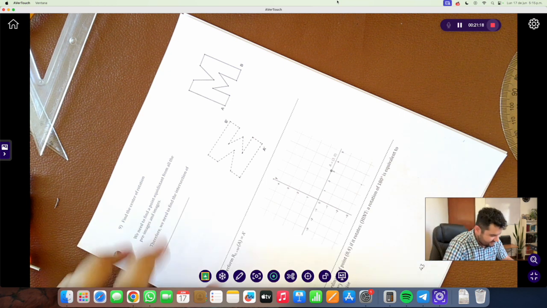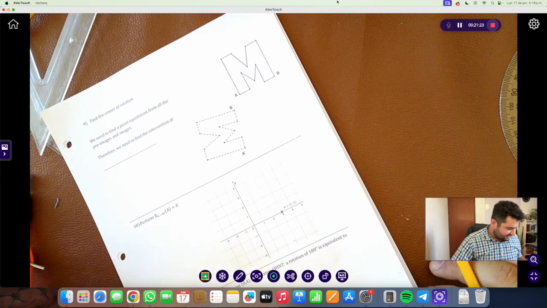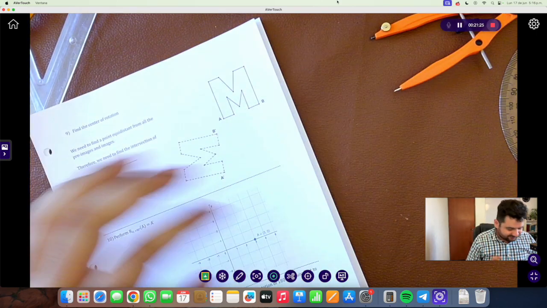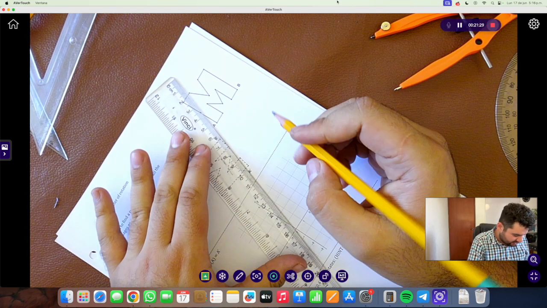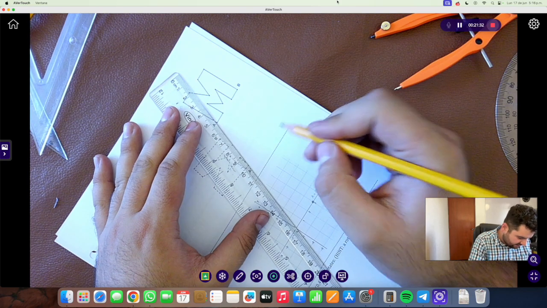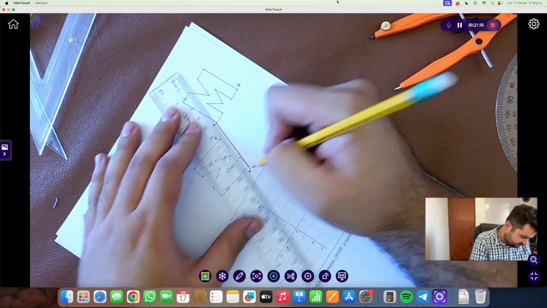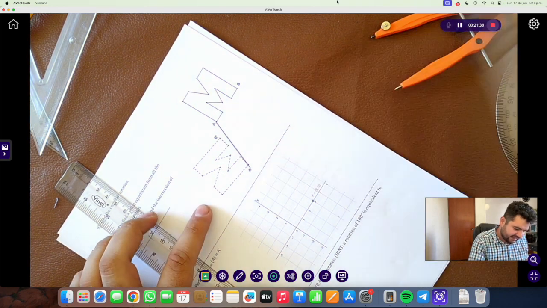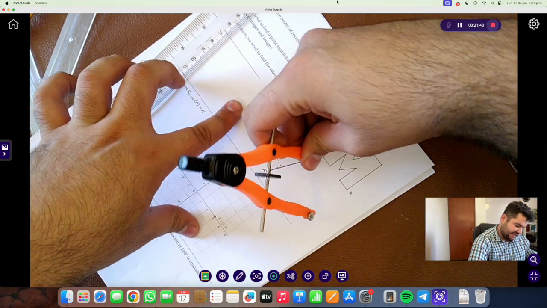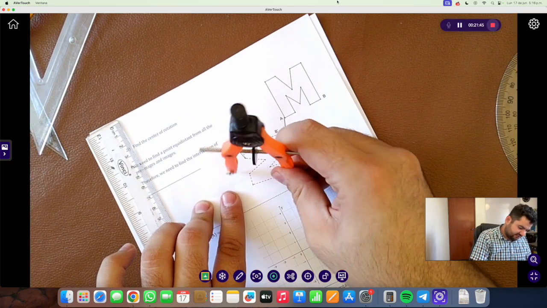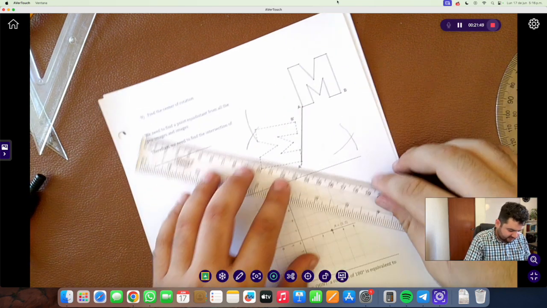Okay, now, here's where the hard part comes. We want to find the center of rotation. What are we going to do? So, we will do this. We join two corresponding vertices, and you draw the perpendicular bisector of this segment.